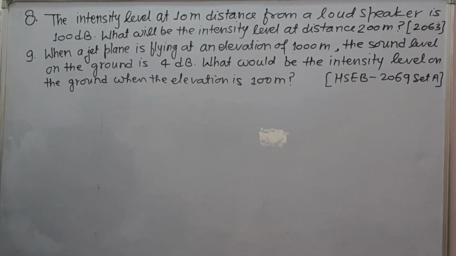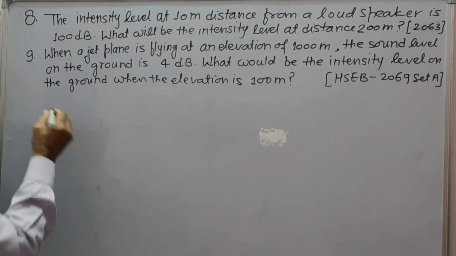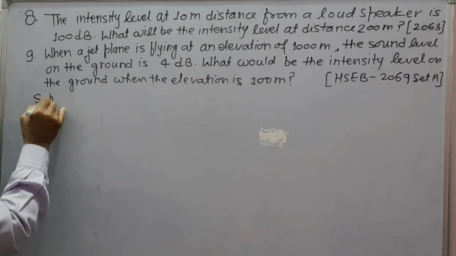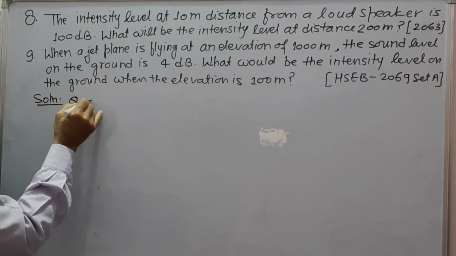Next question number 9. When a jet plane is flying at an elevation of 1000 meter, the sound level on the ground is 4 decibel. What would be the intensity level on the ground when the elevation is 100 meter? Solution to question 9.